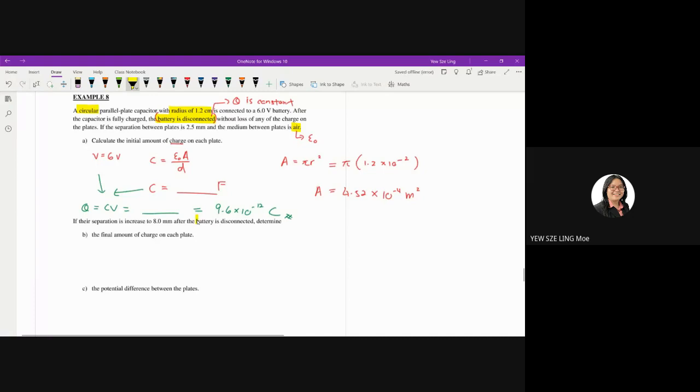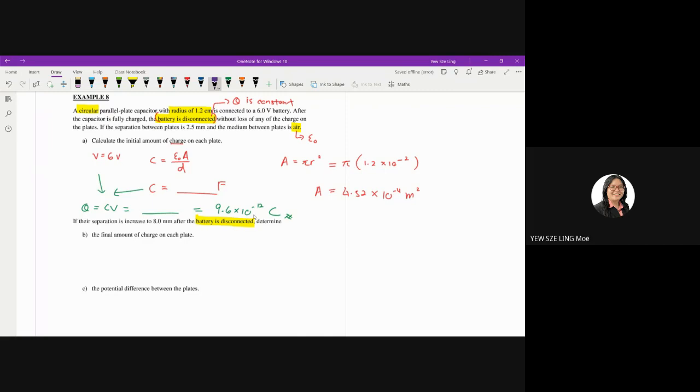Because it tells you the battery is disconnected already, so it doesn't matter what you do to the circuit, whether you increase or decrease the space between the plates or the size of the plate. As long as you're still using the same capacitor, the final amount of charge on each plate should equal the initial amount of charge.